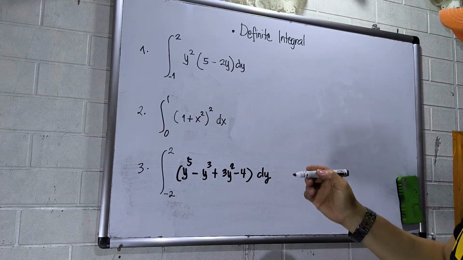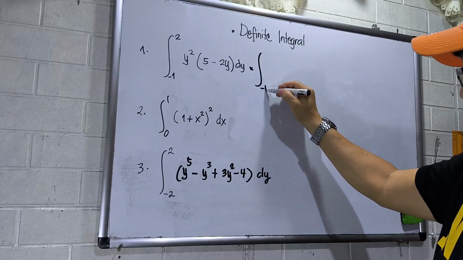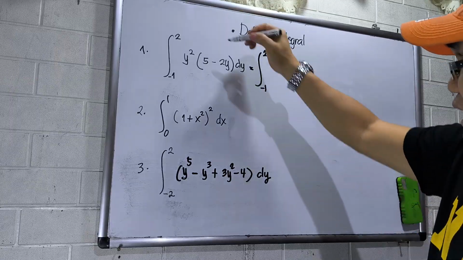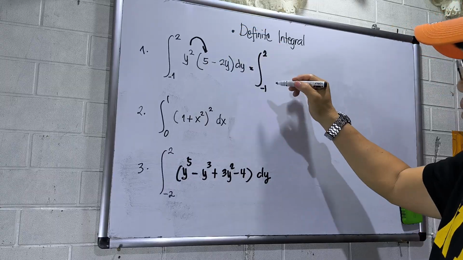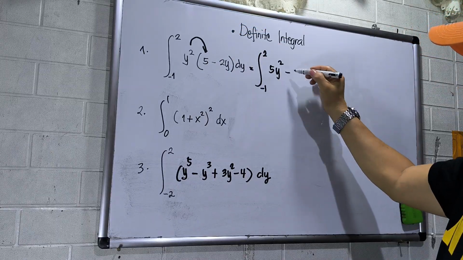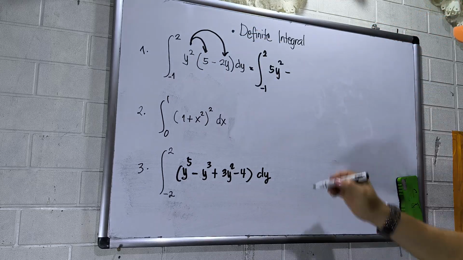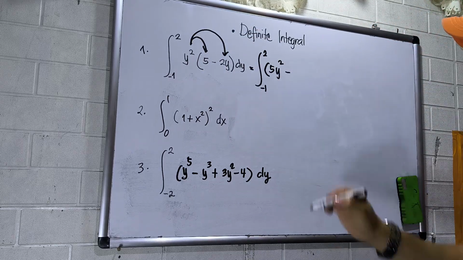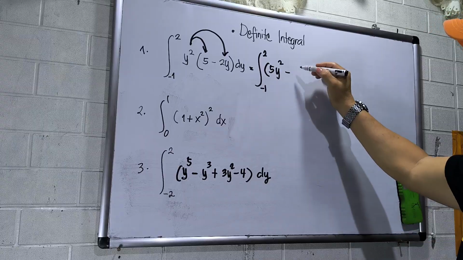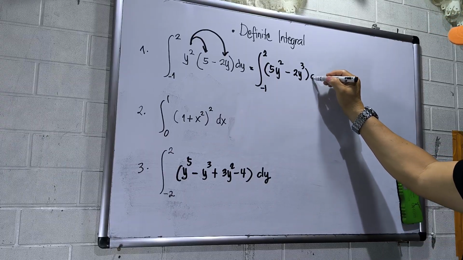Okay? So this will be the integral from negative 1 to 2. Then I'll just multiply this out. That will be 5y squared, then minus y squared times 2y, so this will be 2y cubed dy.